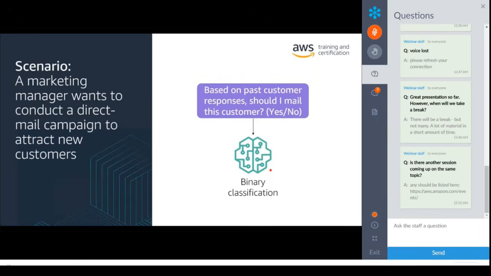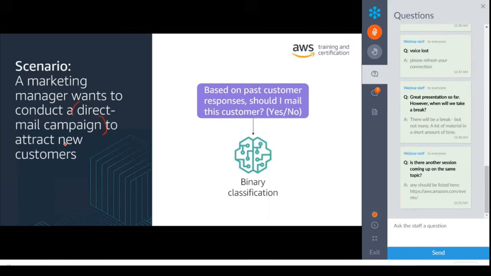So here's a scenario. You have a marketing manager. Those are the best. They want to conduct a direct mail campaign to attract new customers. All they know is they want more customers. That's the business problem: get more customers. It's not choose the right algorithm. But really, you need to reframe this into what this person is really saying: the direct mail campaign needs to be targeted to customers that will likely be responsive.